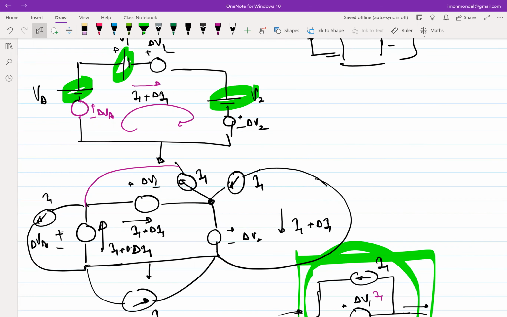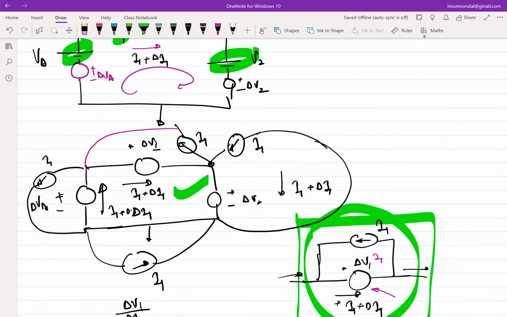To do that, instead of tapping the I from there, I'll tap the I from here. So I1 plus delta I comes in, and I1 goes out. It's basically redrawing the same thing.